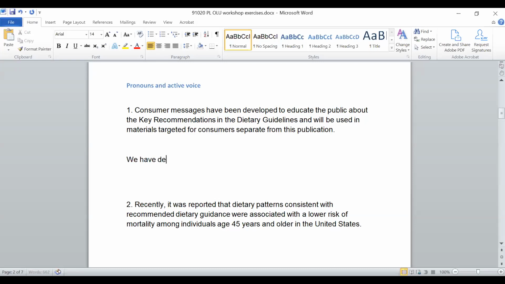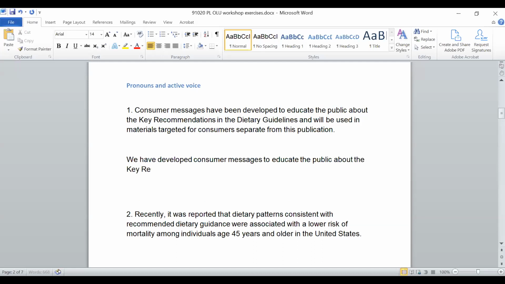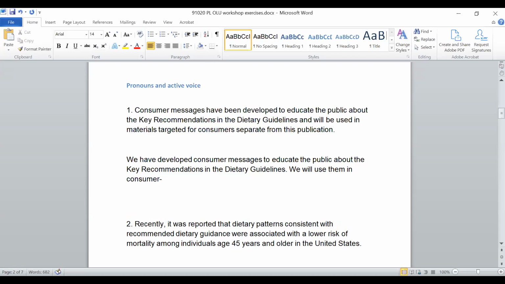We have developed consumer messages to educate the public about the key recommendations in the dietary guidelines. Okay, I'm stopping that sentence because it went on too long. We will use them in, I may be going a little far here, consumer targeted materials separate from this publication.